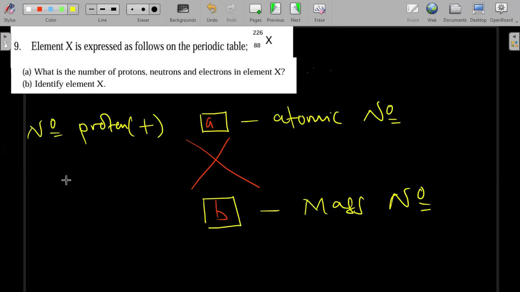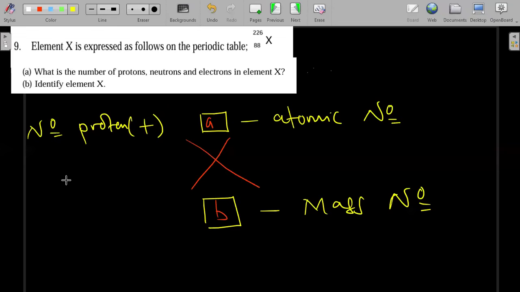The unique thing about the proton number is that it gives you the identity of the element. No two elements can have the same proton number. It will never happen. So the proton number helps us find the name of that element from the periodic table.